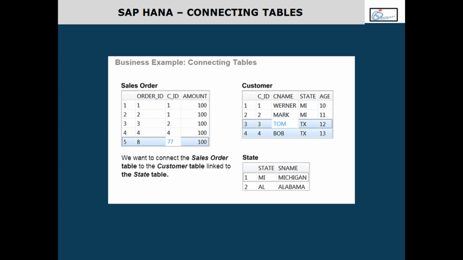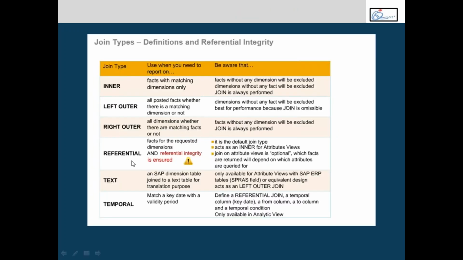And then there's a table join called text join. I told you, when you have a table which is maintaining descriptions in multiple languages, and you have a language field, if it is SAP, you will see a language field called SPRAS. In that case, you go with text join, which we already discussed.